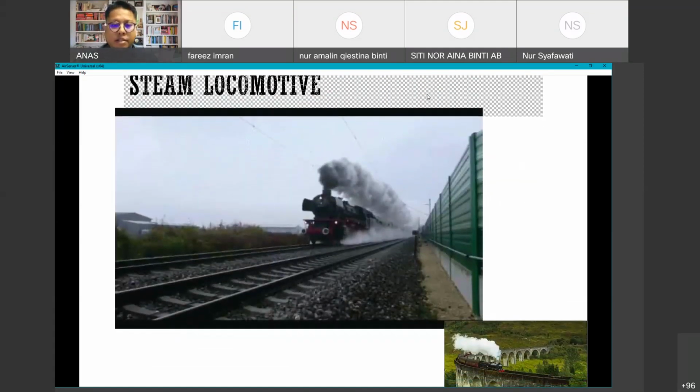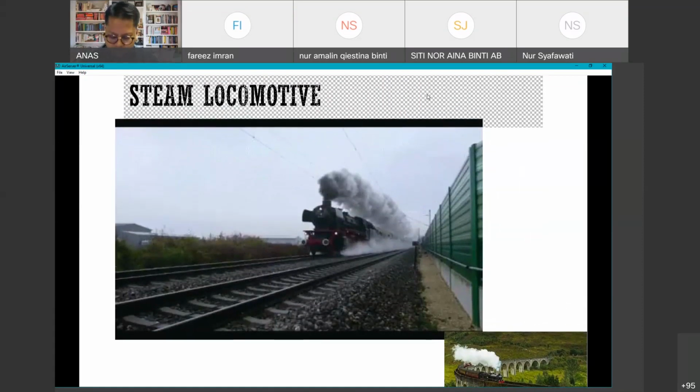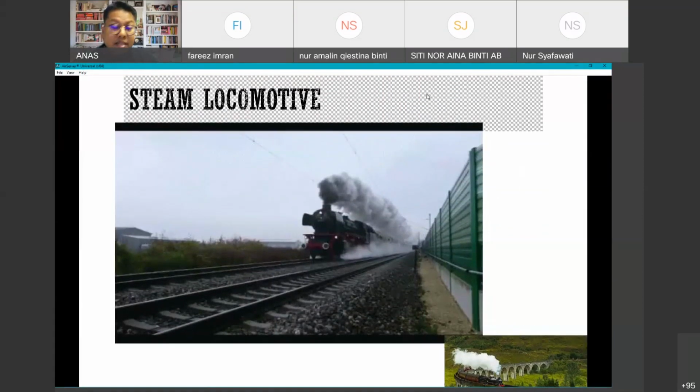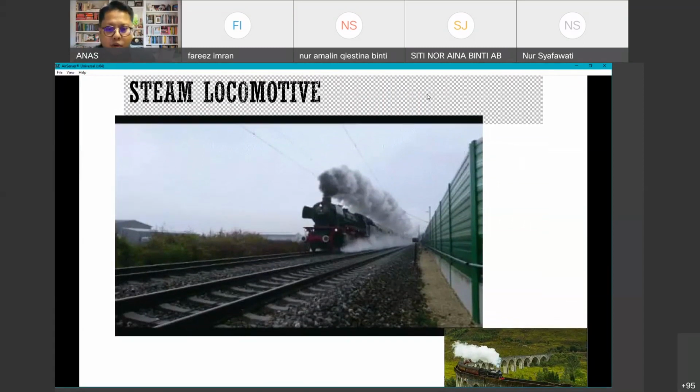All right, so the easiest example to give you some idea of how this cycle works, or the use of the cycle, is the steam locomotive. As you all know, steam locomotives are no longer used commercially. They have been phased out.